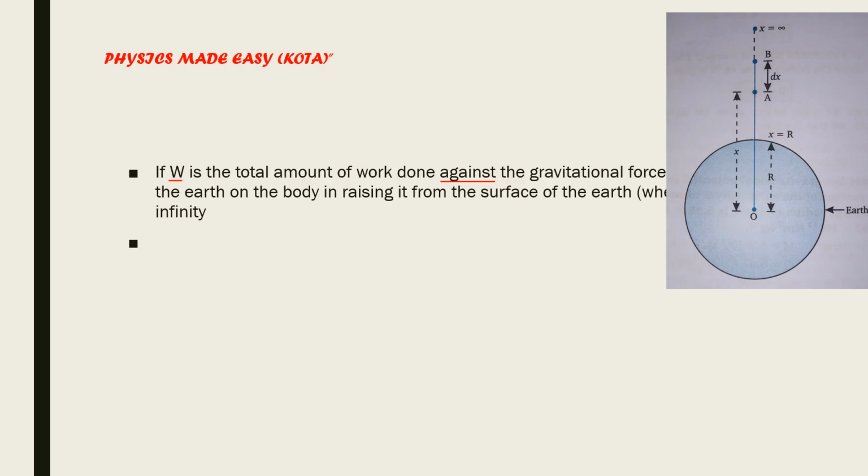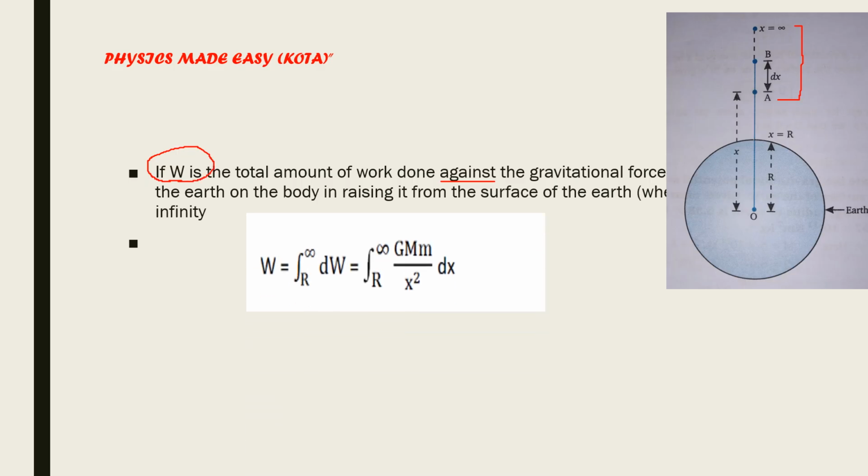Now look at this figure. Suppose we are taking the object or body from point A to infinity, then in that case we are doing work against the gravitational force. So the total work done to take the body up to infinity is W. To calculate the total work done, we take the integral of the small work done with lower limit from capital R to the upper limit infinity.